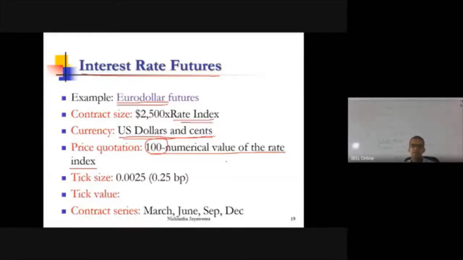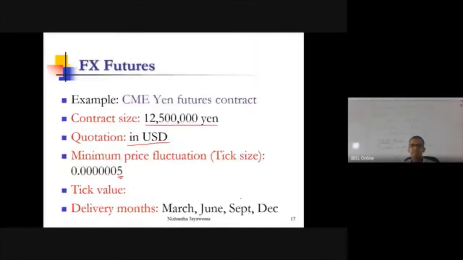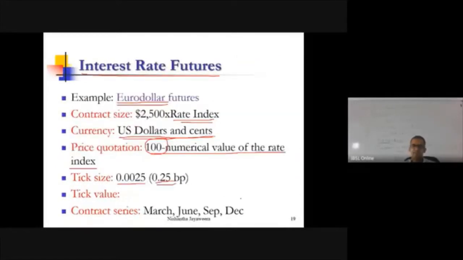Then the tick size is 0.25 basis points. Again, contract series March, June, September, December. Different futures may have different deliveries, but some delivery months are very common for a particular exchange.